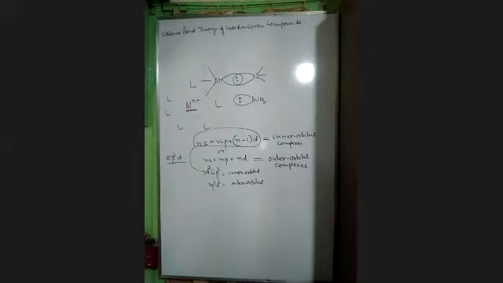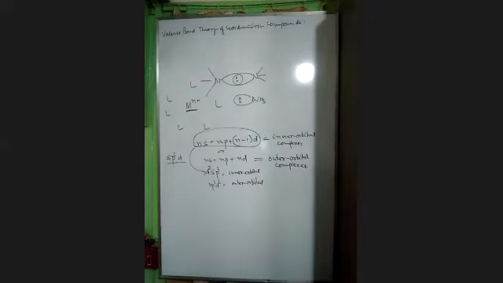Now, in this arrangement of electrons by hybridization, you may find that some of the orbitals have unpaired electrons.